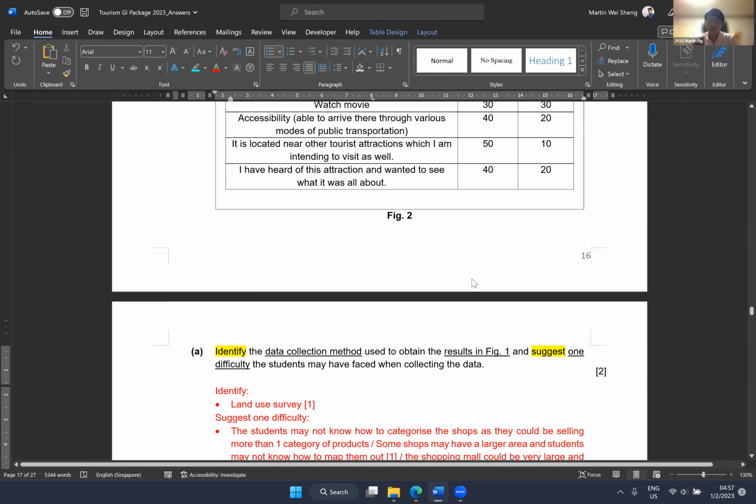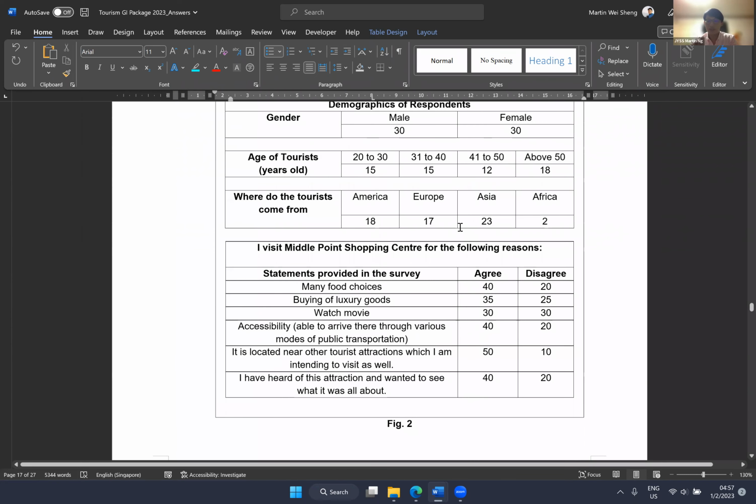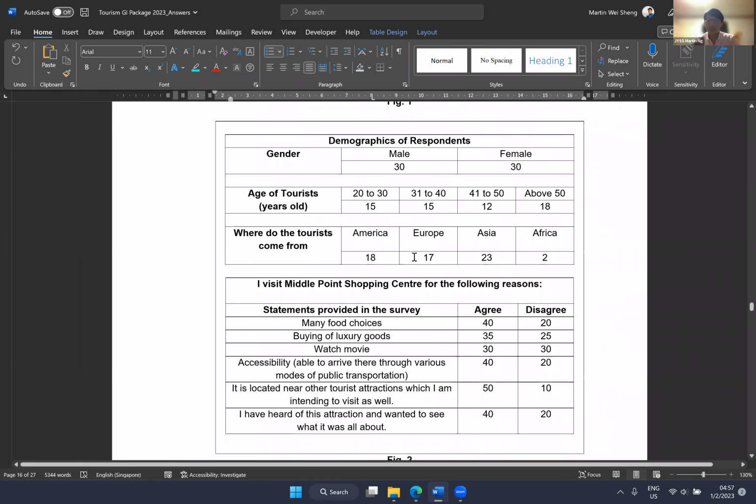Why skewed towards a particular group? The students might feel that certain people are more approachable. They are still doing it randomly because there is no picking through a category, no systematic sampling and all that.